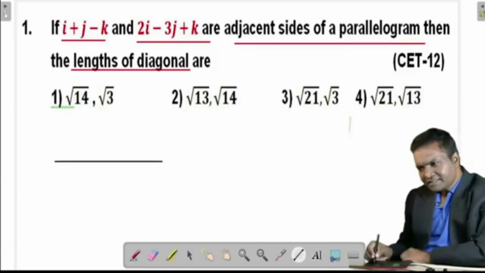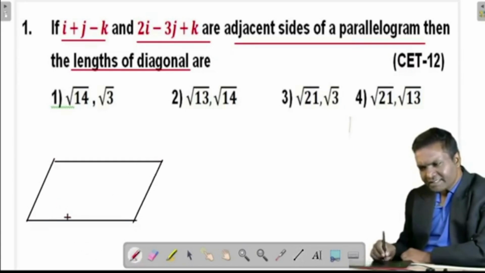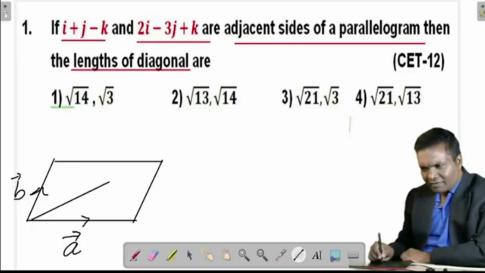Consider this parallelogram with adjacent side vectors a and b. This is vector a and vector b. Then this diagonal is given by the vector that we know, it is vector a plus vector b.